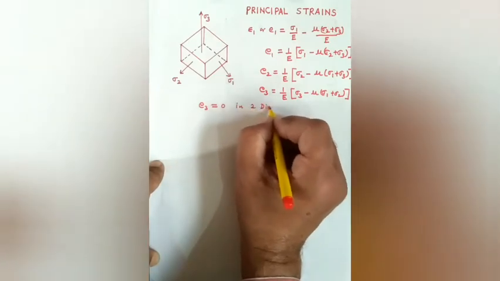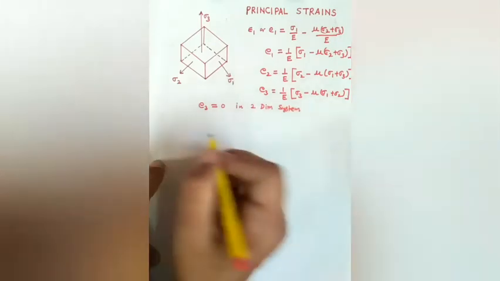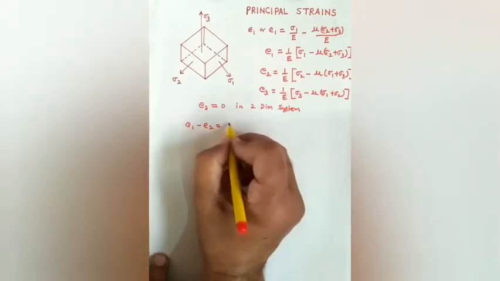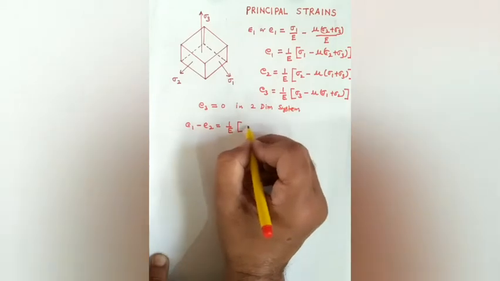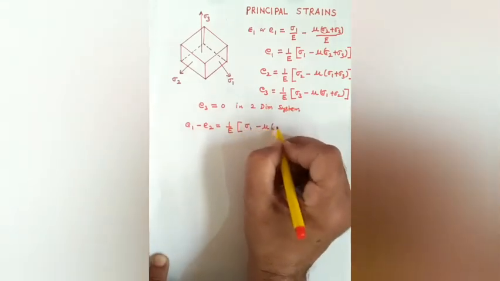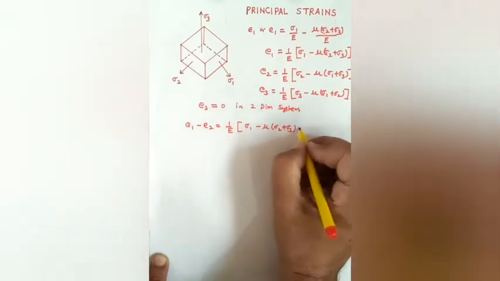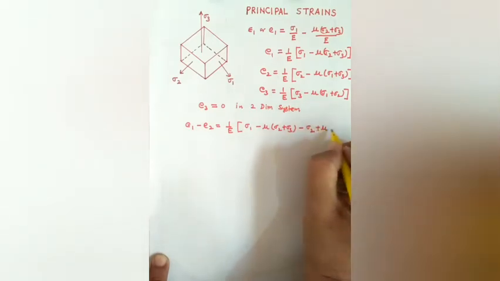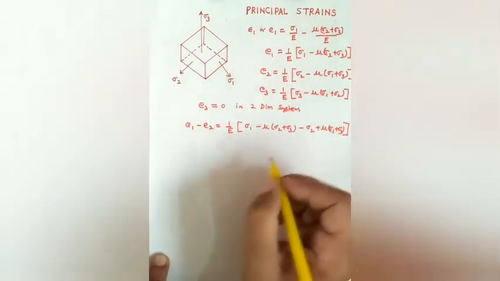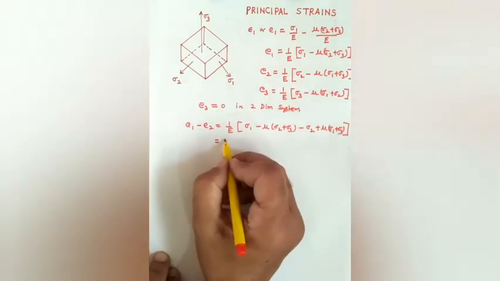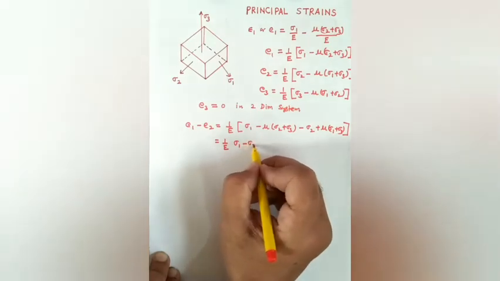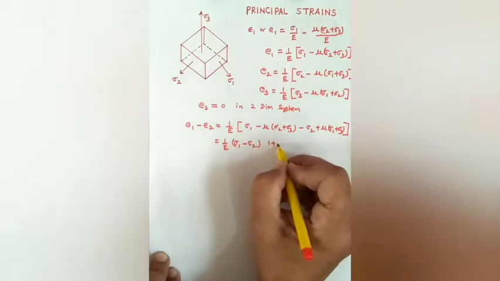in a two-dimensional system, and we can write E1 minus E2 is equal to 1 by E [sigma 1 minus mu (sigma 2 plus sigma 3)] minus [sigma 2 minus mu (sigma 1 plus sigma 3)], which we can write equal to 1 by E (sigma 1 minus sigma 2)(1 plus mu).